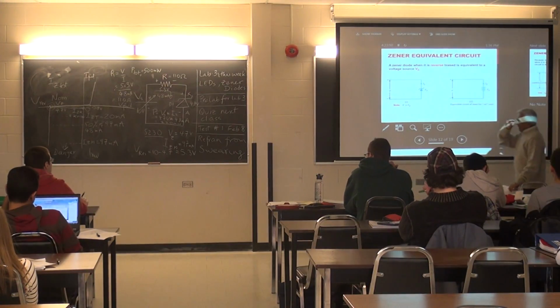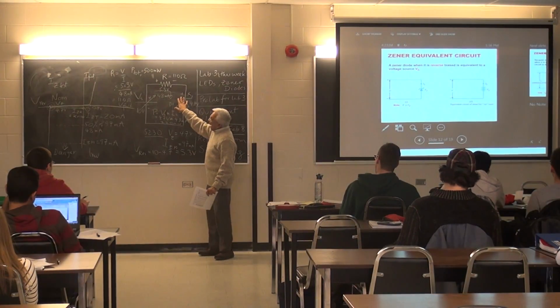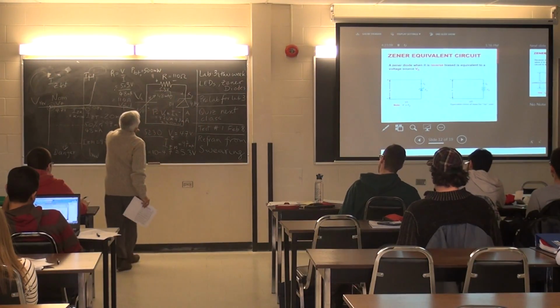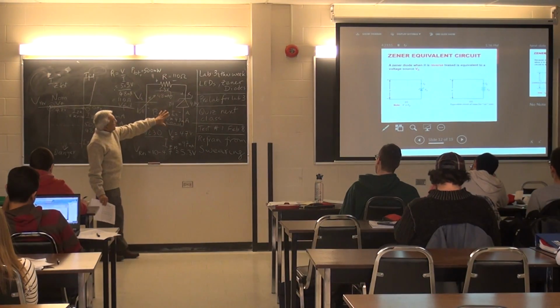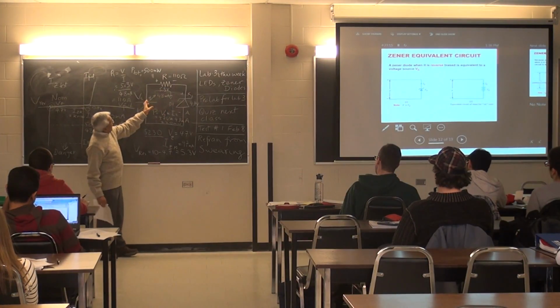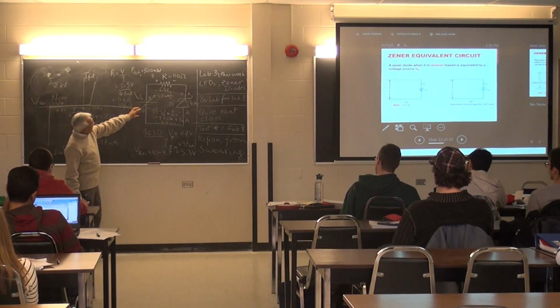So, what this is saying is that the zener acts like a voltage supply. So in this circuit, I've got a 10 volt supply. I've got a circuit here. What happens is I start out at 0, I go up to 5 volts, and then let's say I go from 5 to 6, 7, 8, 9, 10.